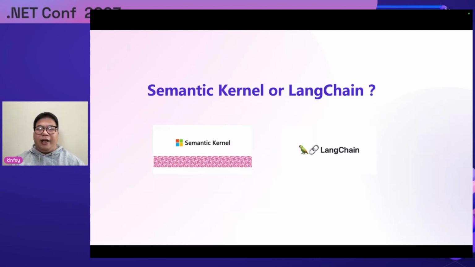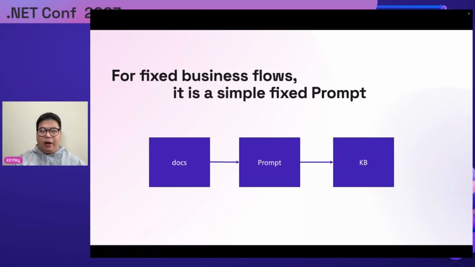Another thing is, some people say you can set up different models and different logic in your architecture. Maybe some people will ask you: Semantic Kernel or LangChain, which do you choose? This is a very good question, but I think if you split every component like prompt flow, you can set each prompt very easily.